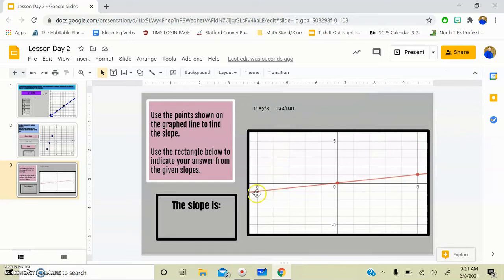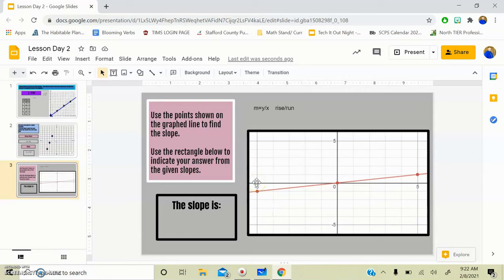When I take a look at this, I have a point at negative 5, negative 1. I first want to find out my rise. I need to see how many times I go up on my y-axis to get to a line that has a point on it.